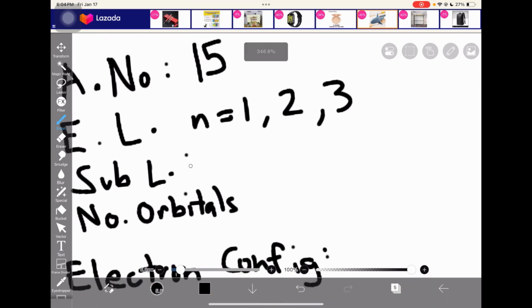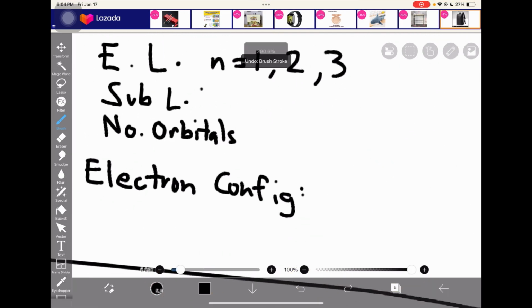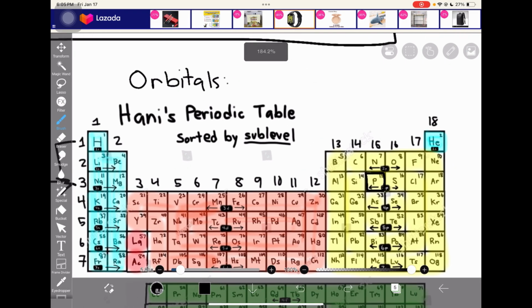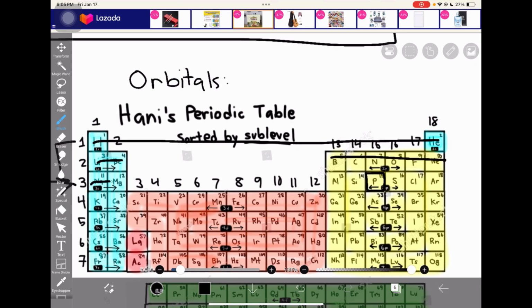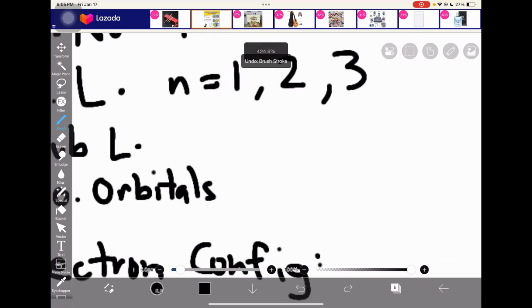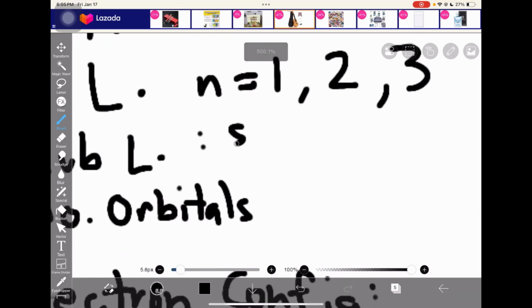How about the sublevels? How many colors did we pass before we got to phosphorus? We got blue, yellow, blue, and yellow again. So it's just the S and the P. So the sublevels are S, P.